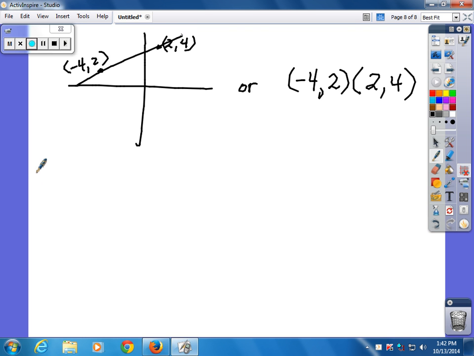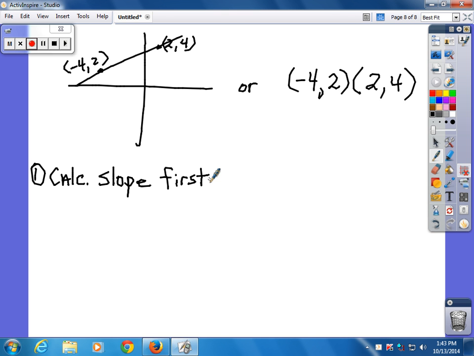So number 1, calculate slope first. We're going to go ahead and calculate slope, I'm sorry.